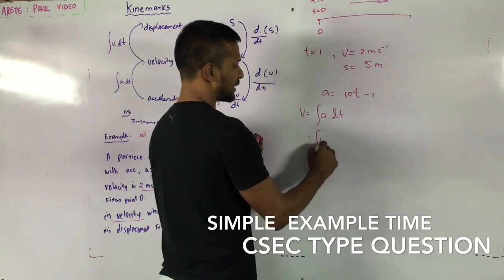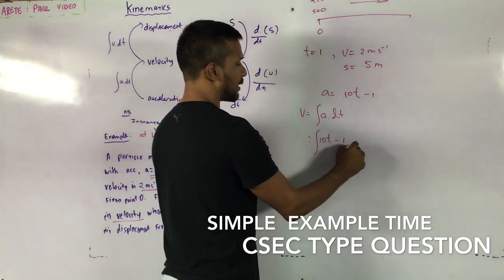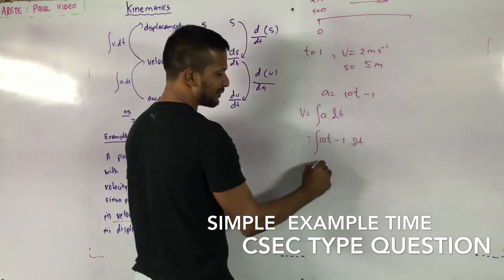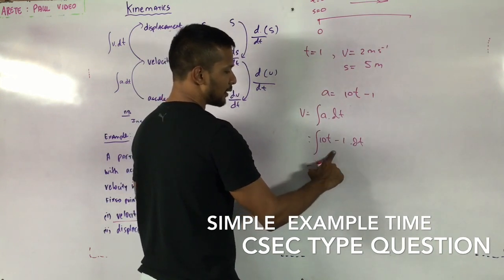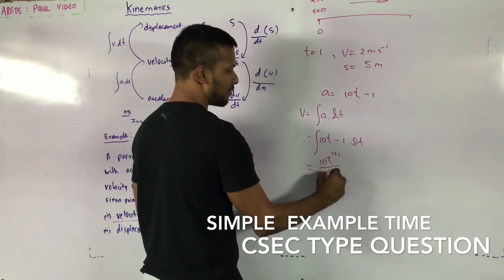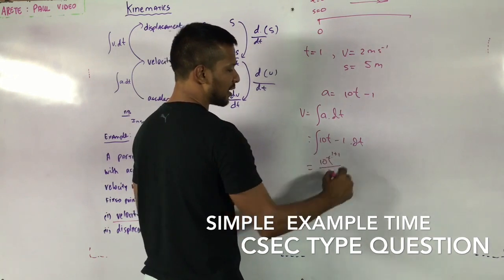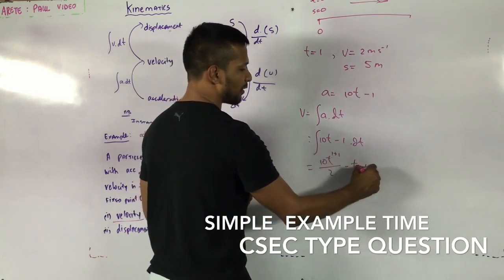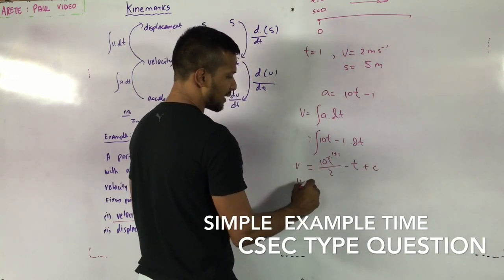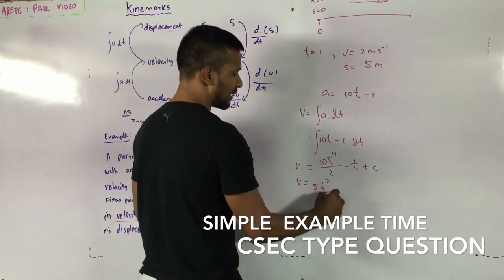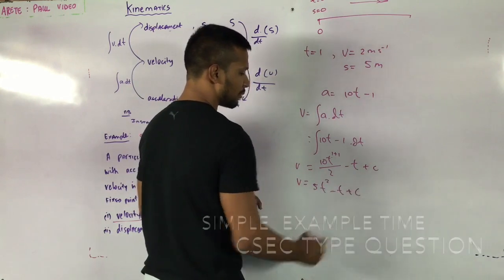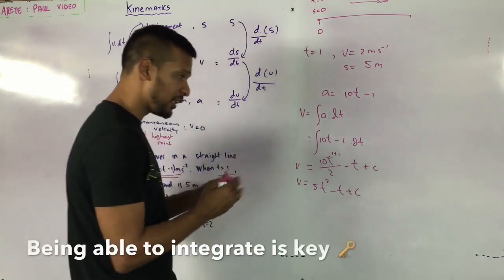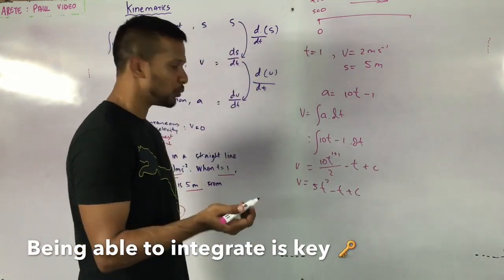The integral of 10t: this is power 1 here, add 1 to the power, divide by the new power. The integral of minus 1 is minus t. And don't forget, plus c. So v is equal to 5t squared minus t plus c. This is not the full equation because we still have a c, so we have to work it out.